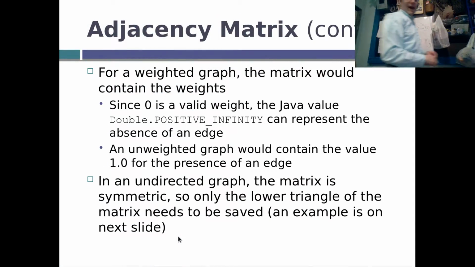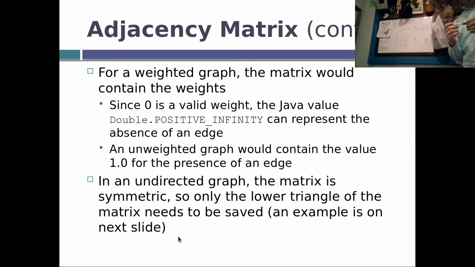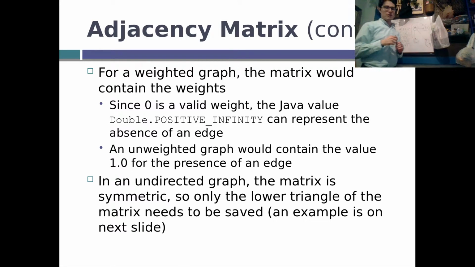So for weighted graphs, what we would do is contain weights. For a weighted graph, these values, rather than holding zeros and ones, would have an actual number that would be the weight. But 0 is a valid weight. So instead what we do is use positive infinity to represent the absence of an edge. Oh, 0 is a valid weight?